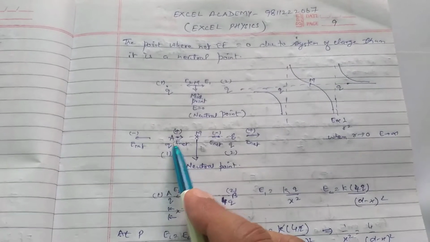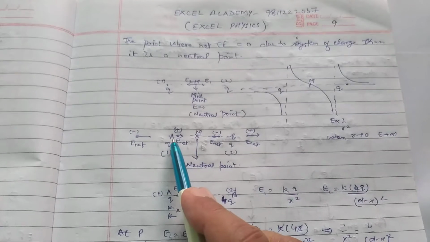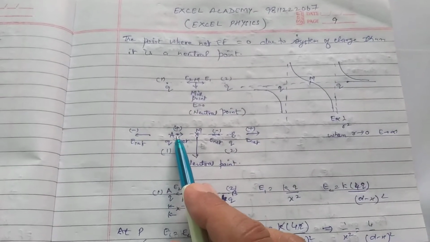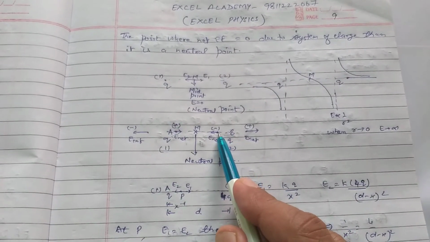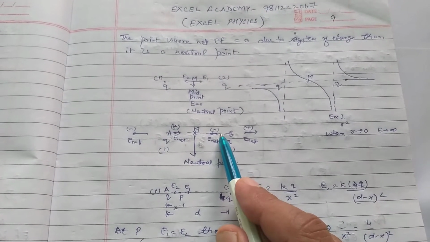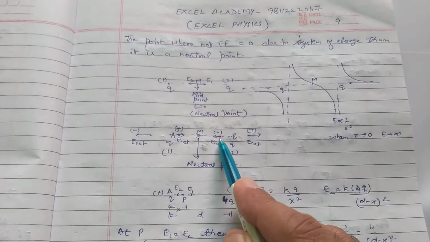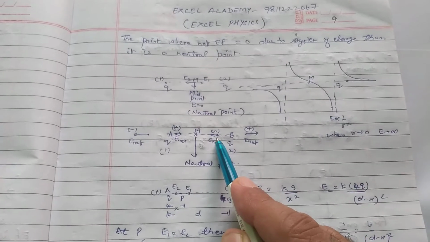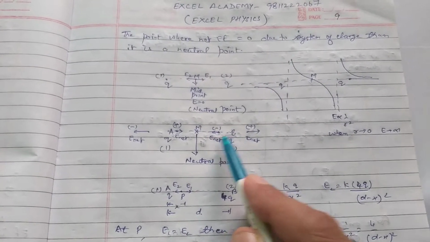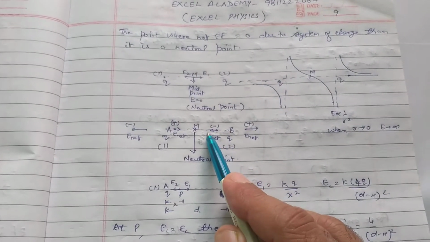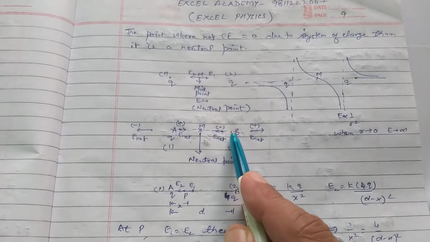It means that at this point the net electric field is in this direction. Similarly, at this point the net electric field will be in this direction. How can you think in this way? This is the point where the test charge is placed. This charge is going to repel this test charge, and this charge is also going to repel in this direction.